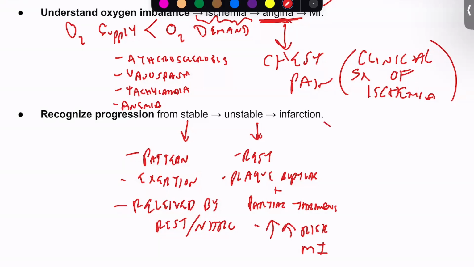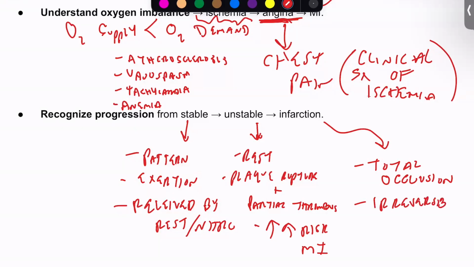And then lastly, an infarction, so that's where we have total occlusion of an artery. So like myocardial necrosis, for example. The bad thing is that this leads to irreversible damage to the muscle tissue. And so this requires emergent treatment.